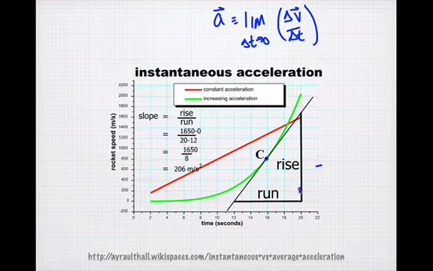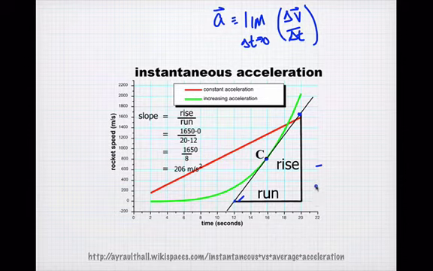You can also get a computer to draw that for you and get a much more accurate representation. But for the conceptual part, you can eyeball it and say, okay, there would be my tangent line. It's roughly like that, and I could take any 2 points on that tangent line and find the slope between them, and that would be my instantaneous acceleration.